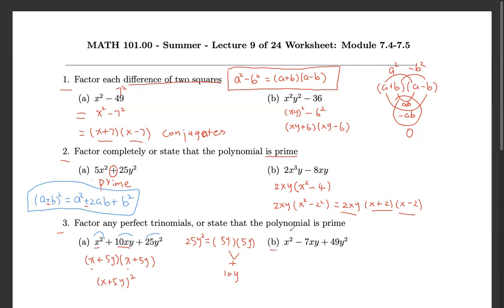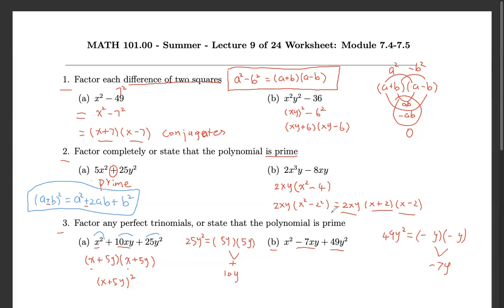Now let's see b. So 49y squared, right? The first one, of course, is just x. We'll focus on this. Can we find 2 negative factors, because the middle term is negative, that multiply to be 49y squared and add up to be negative 7y?